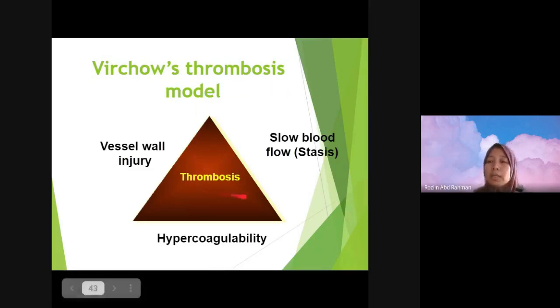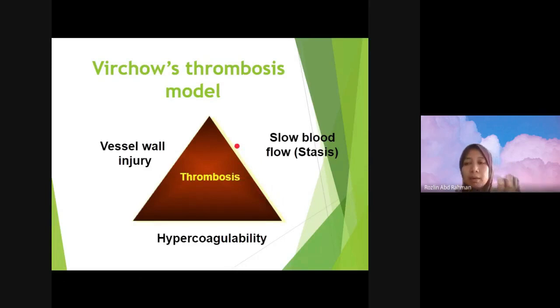Okay, so what can predispose your body to have this thrombosis? Sama ada you ada masalah dengan you punya vessel wall, okay, ada injury kat situ that promotes all the platelets to come in and form the clots, ataupun you punya pengaliran darah tu very slow, stasis, slow blood flow. So when the blood flow is very slow, dia menyebabkan dia berlanggar-belanggar, so dia senang nak berkumpul.